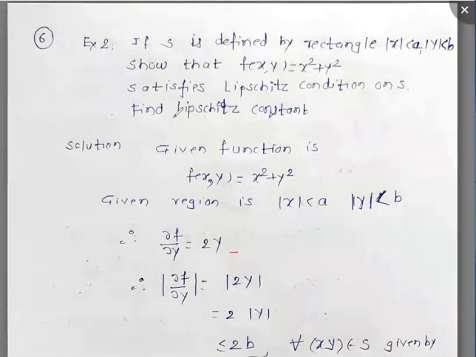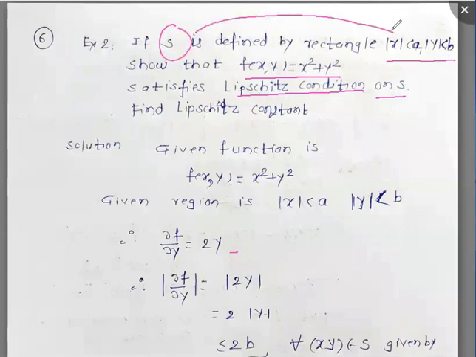Second problem: if S is defined by the rectangle mod x less than a, mod y less than b, show that function f of x y, which is x square plus y square, satisfies Lipschitz condition on the region S, where S is given by this rectangle mod x less than a, mod y less than b.